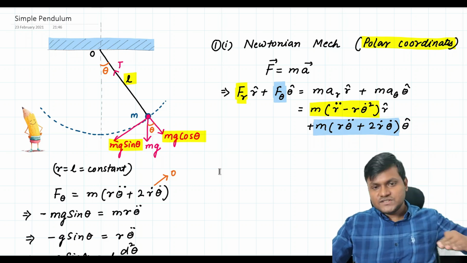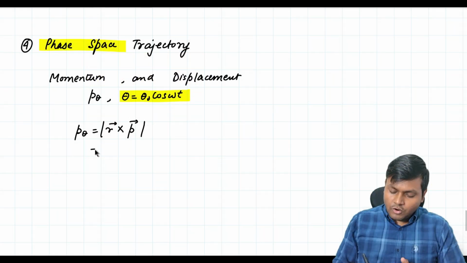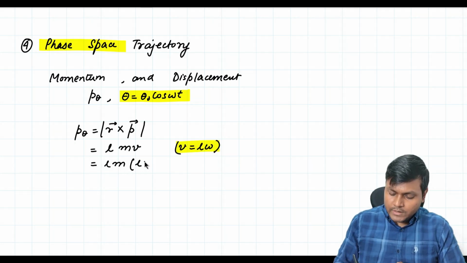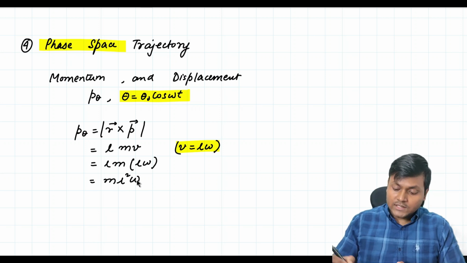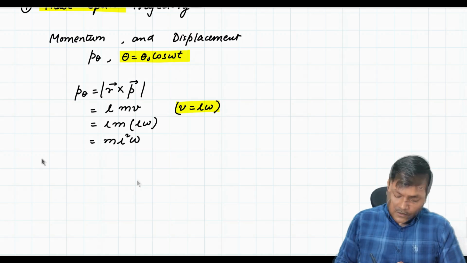Both the transverse and the radial directions are perpendicular to each other. Therefore, the cross product simply looks like r is replaced by L, and p is nothing but the definition of momentum, which is mass times velocity, m L omega. So this is equal to m L square omega. This is the angular momentum magnitude of a pendulum for SHM.